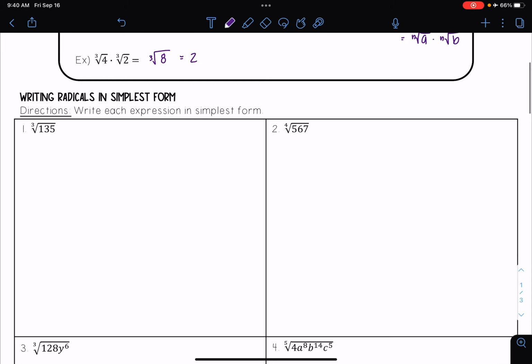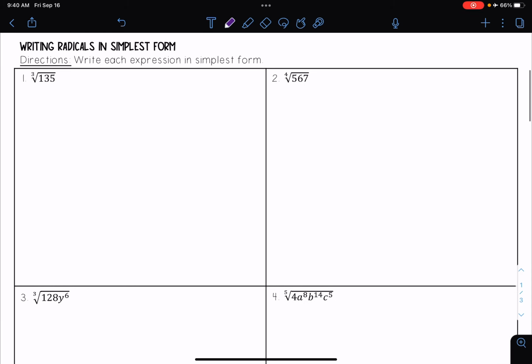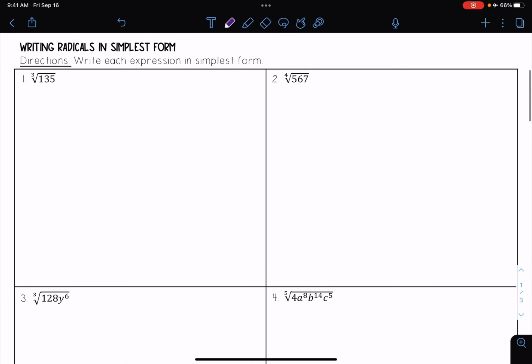So we're going to look at writing radicals in simplest form first. We're going to write each expression in simplest form. Simplifying these radicals is really similar to when we were simplifying square roots. For example, if I had the square root of 12, we learned that we can break this down by factors. So I have 2 times 6 and 2 times 3.